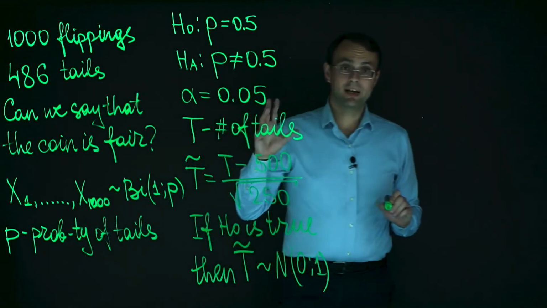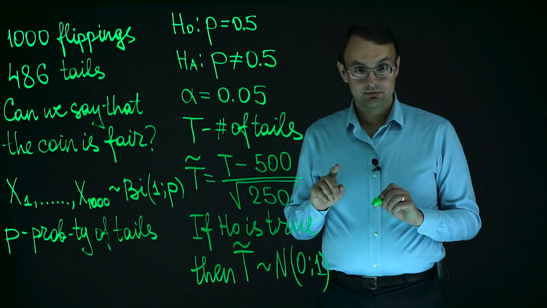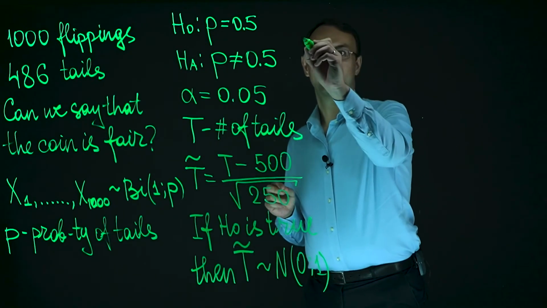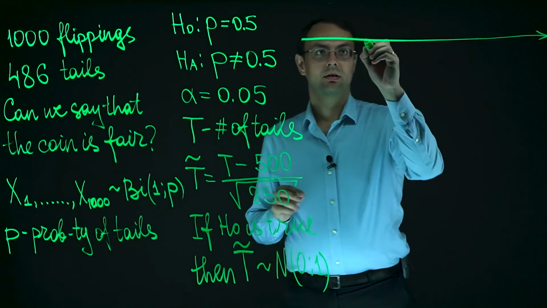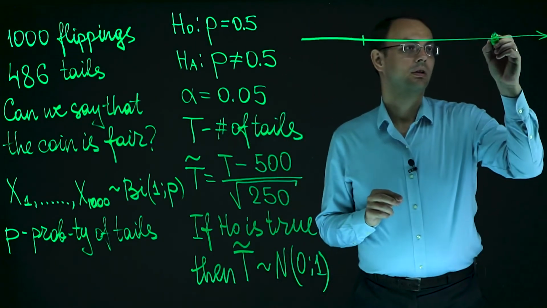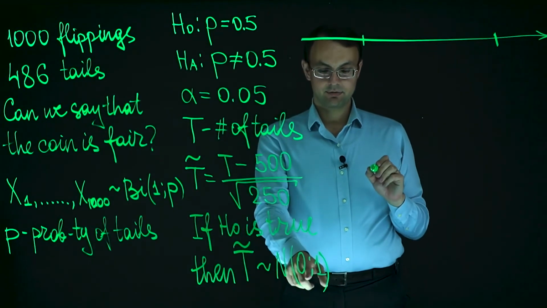And so we now know that we have a two-tailed critical region. As we have a two-tailed critical region, we need two quantiles of this distribution.